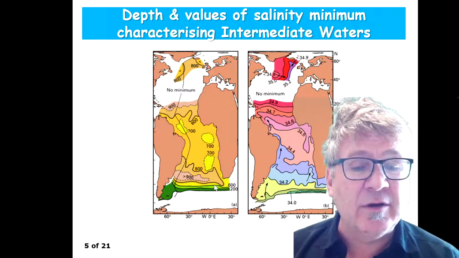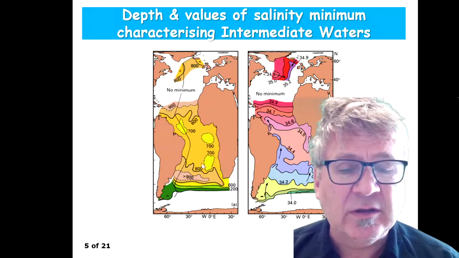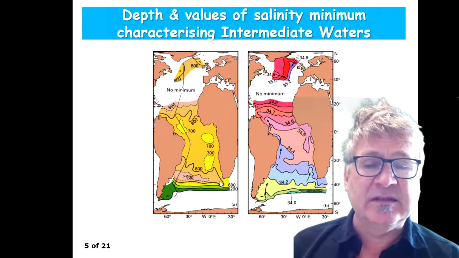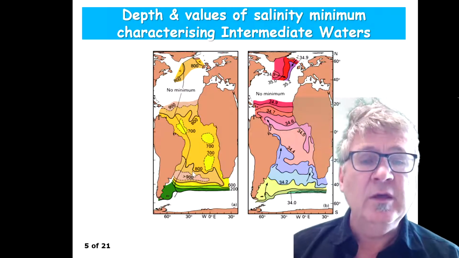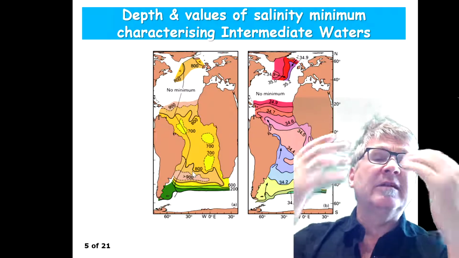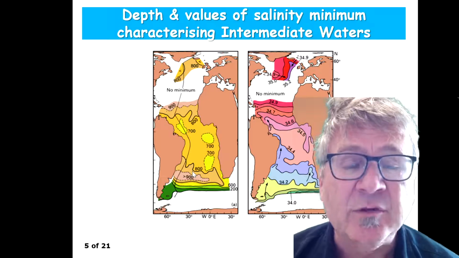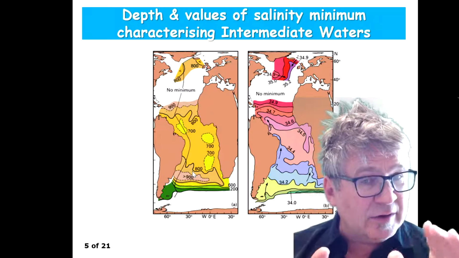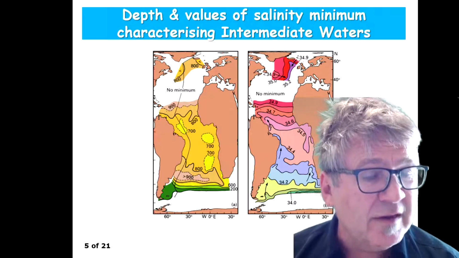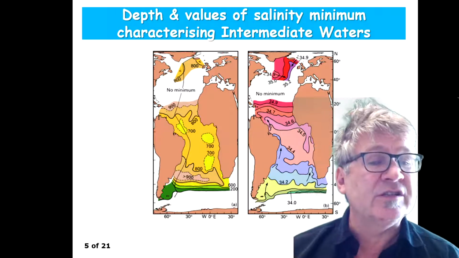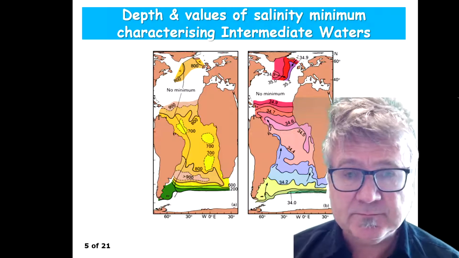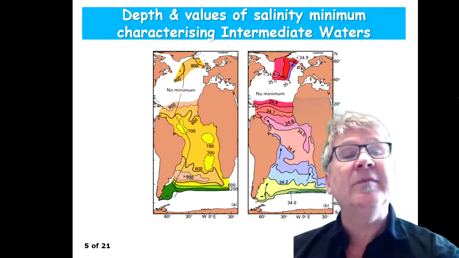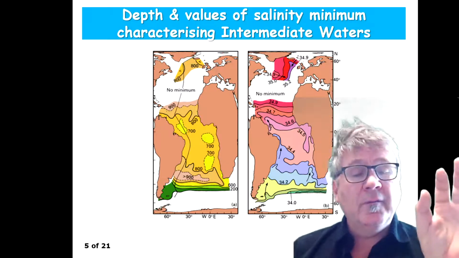And then you can see there are regions where it exceeds 900 meters, and it's 700 meters, 700. North of the equator, there is not much happening in the northern hemisphere. There's a little bit of intermediate water formation, but here the action takes more place in the southern hemisphere. This is intermediate water. All right.